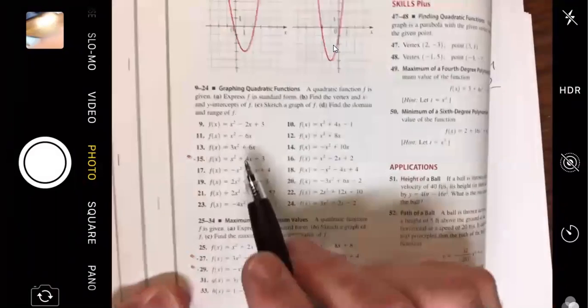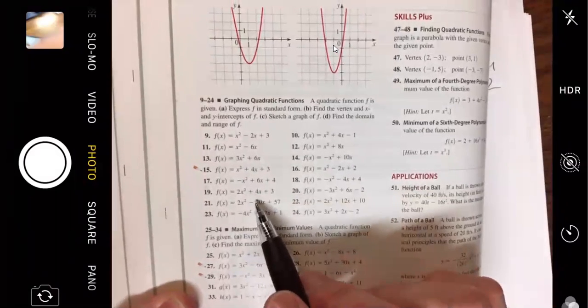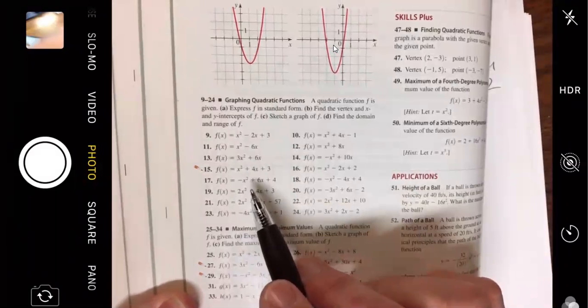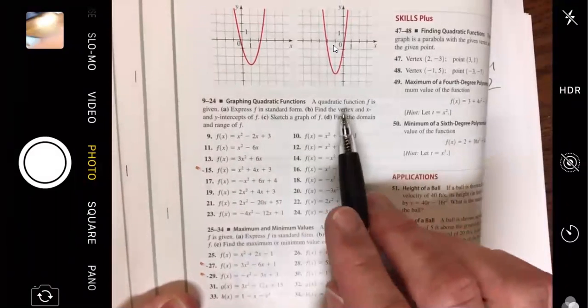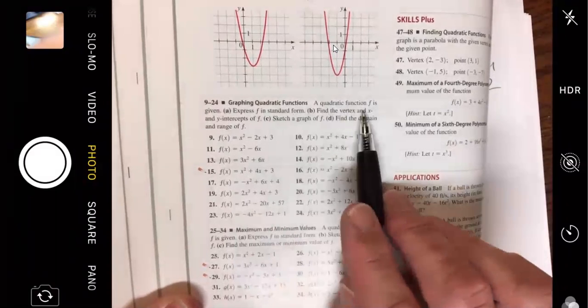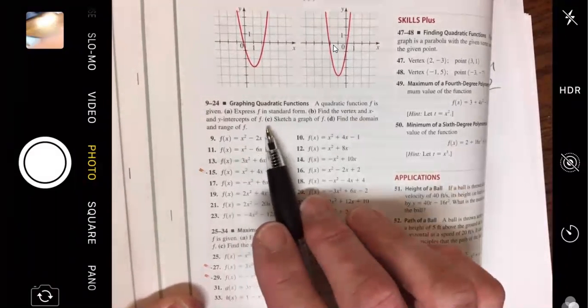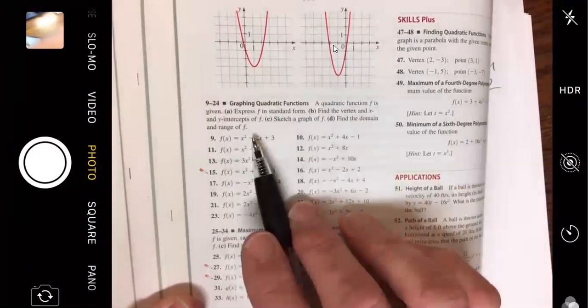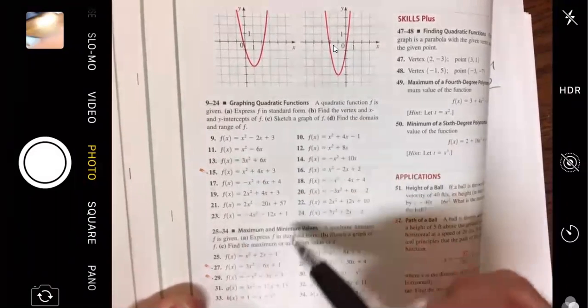Here's a good section of them. You can see all the different things they want you to be able to pick off. Express f in standard form, find the vertex and x and y intercepts of f, sketch a graph, find the domain and range. So it's like filling out a big worksheet.